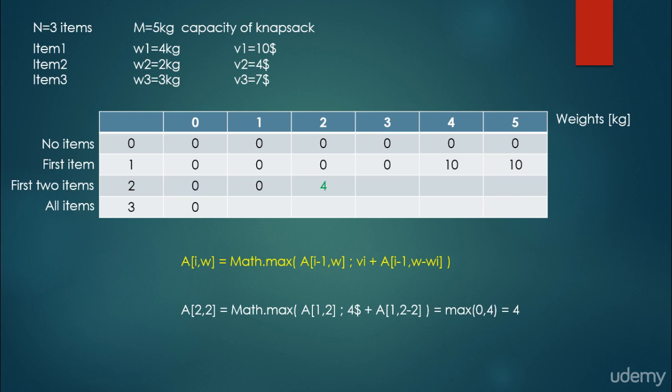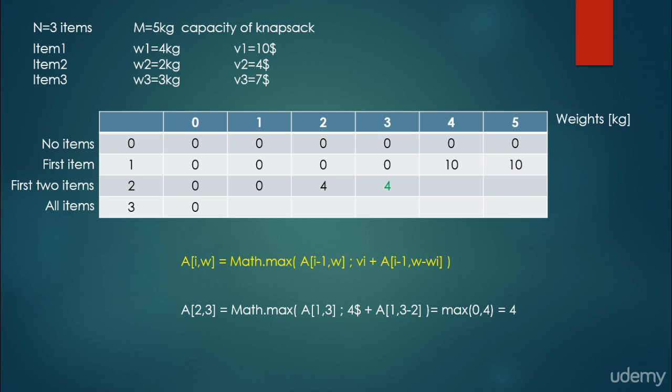We can look it up in the table: row index 1 and column index 0, there's a 0, so $4 plus 0 is equal to 4. We have to decide between 0 and 4, so it is 4, because 4 is greater than 0, so we put a 4 there.